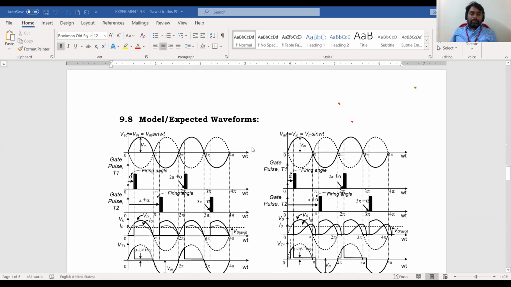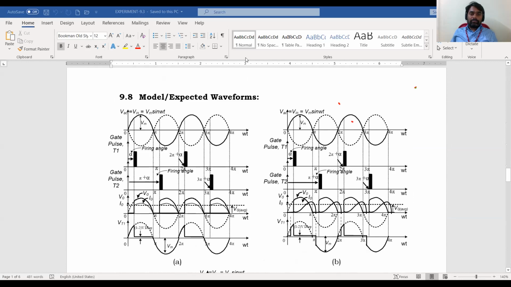So let us have some more idea about its waveform. If you see this one, this is the input voltage which is provided to the half controlled converter. During the positive half cycle, I told you that T1 is in forward bias condition, which is from 0 to pi, and from pi to 2 pi, T2 is in forward bias condition.